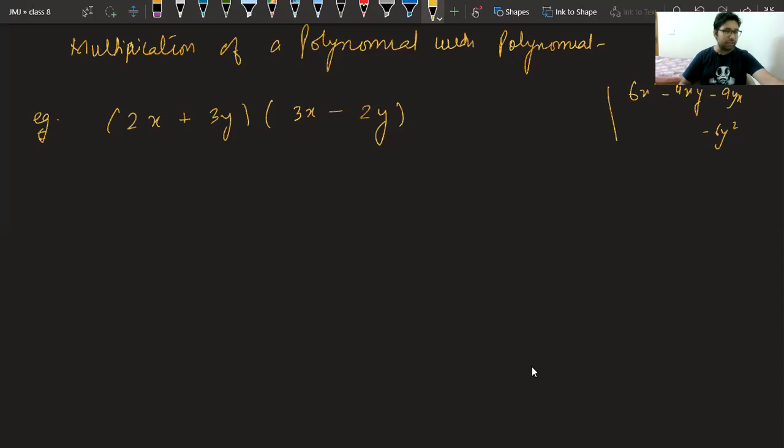We will add the like terms. Okay, 6x square minus 4xy plus 9. Aryan is saying this 9yx should be plus. Kriti is saying 6x square plus 5xy minus 6y square. So I think it is positive only.